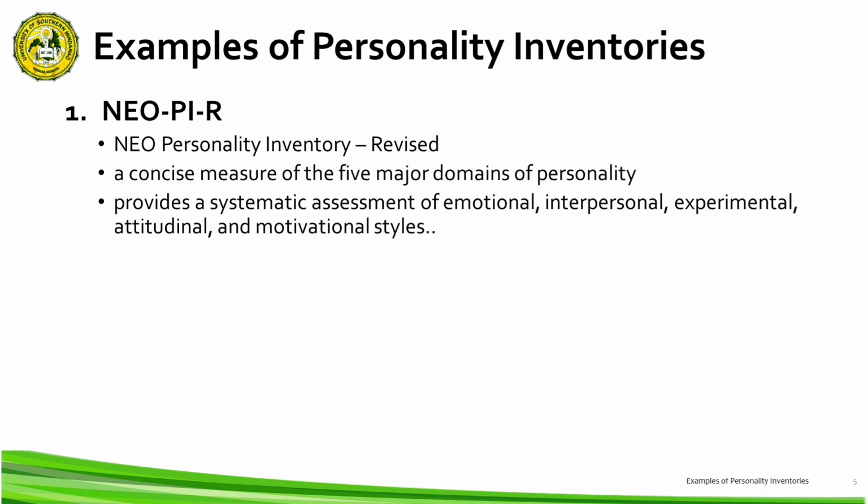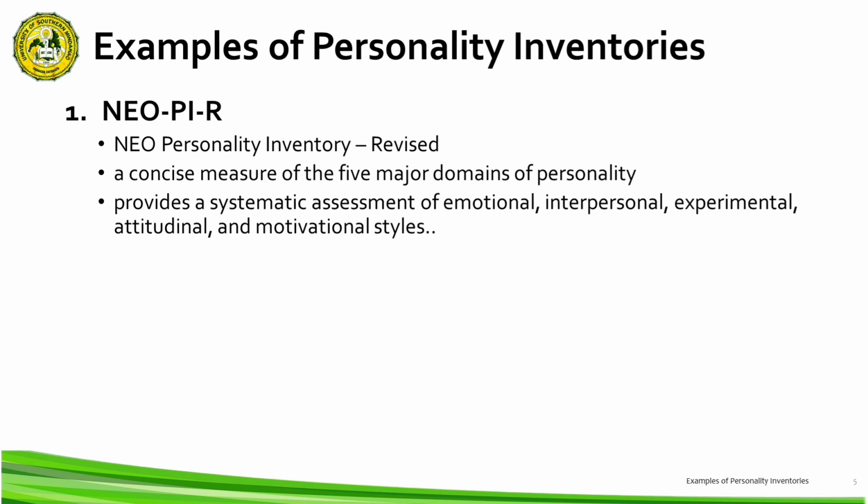It also measures the 6 traits or facets that define each domain. Furthermore, it provides a systematic assessment of emotional, interpersonal, experimental, attitudinal, and motivational styles. Lastly, the NEO-PIR also facilitates a comprehensive and detailed assessment of normal personality of adults.